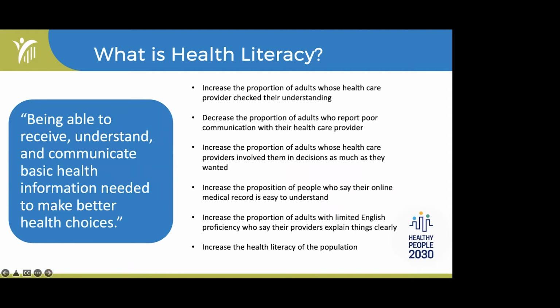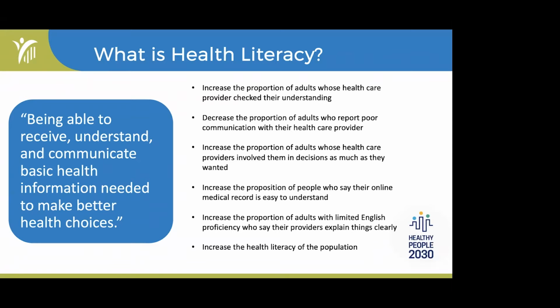So six Healthy People objectives, which are developed by the Health Communication and Health Information Technology Work Group, are related to health literacy. So clearly it is an important facet.